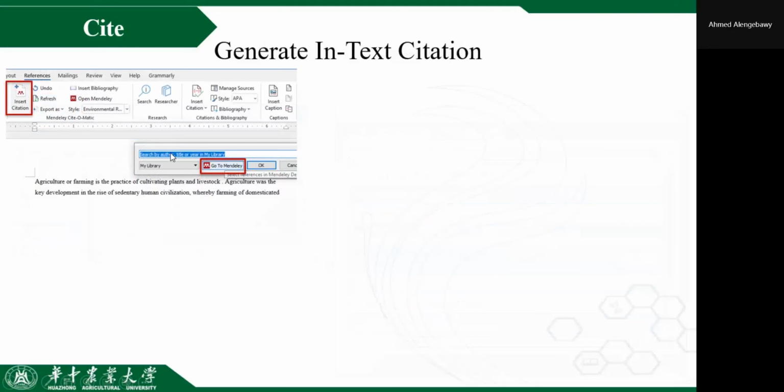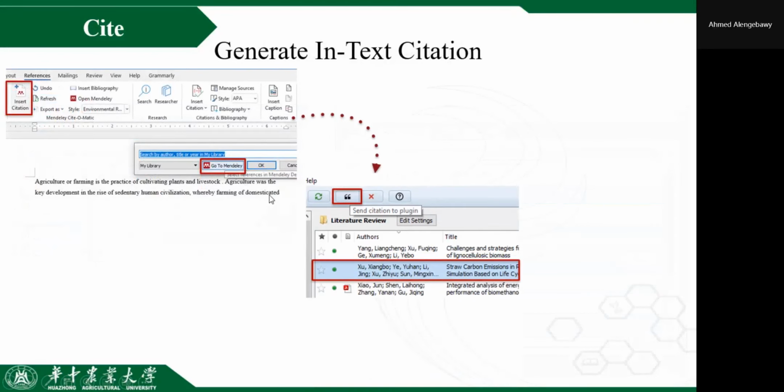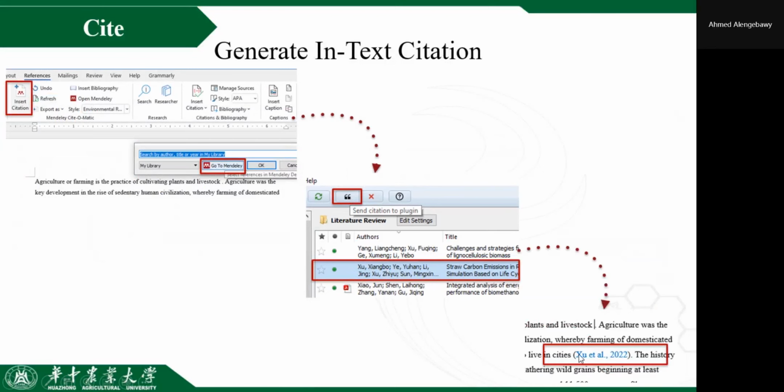If you know the title or the author name of the paper, you can simply search for it here. But I recommend to go to Mendeley directly and choose the article by yourself. So if I want to cite this one, for example, I just click on it and then click on the citation icon here. You will find your citation just inserted in your text.